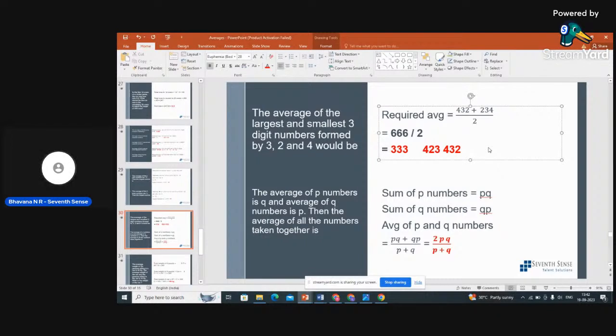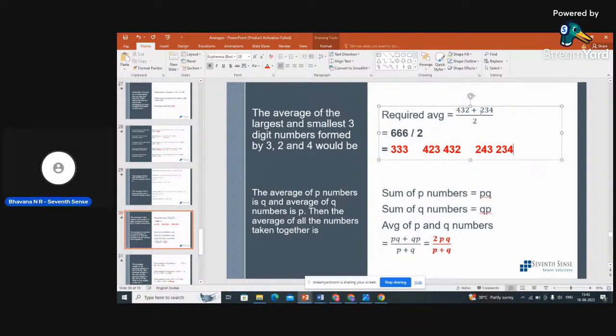For the smallest, 2 will come first. 243 or 234, which is smaller? 234 is the smallest number, and 432 is the bigger number.